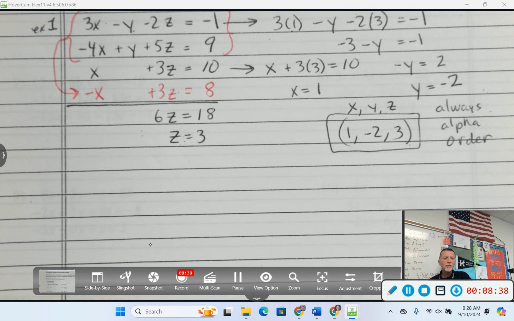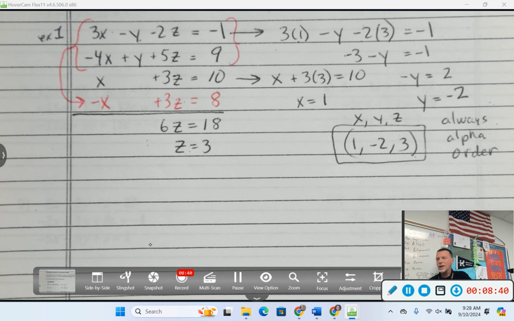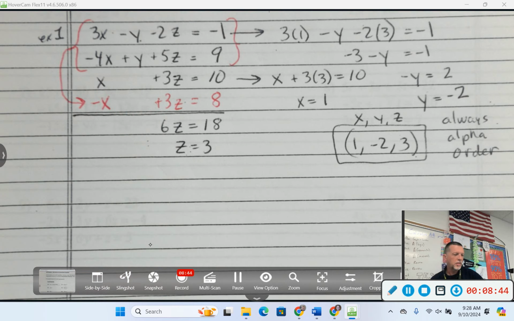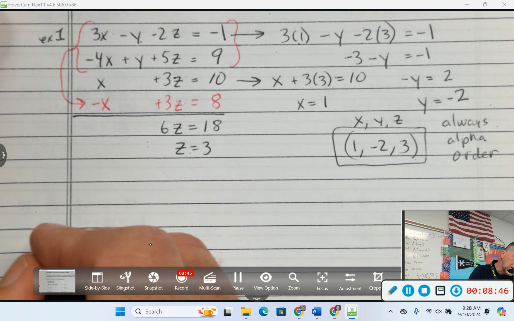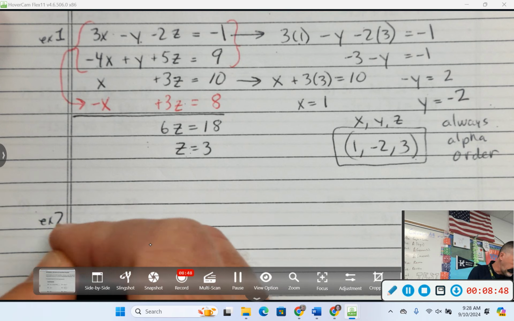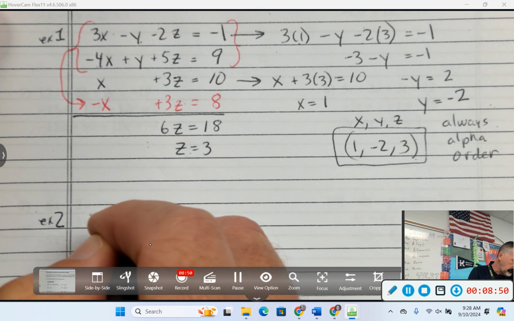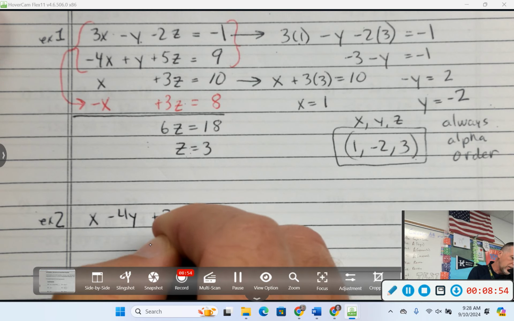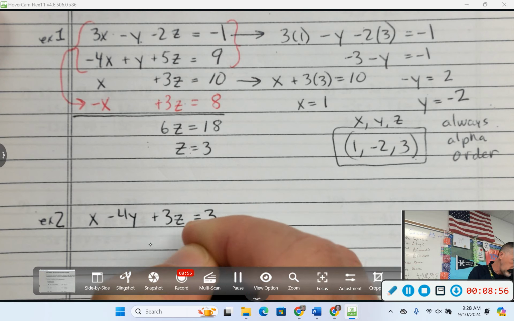All right, I felt like that one was pretty easy. That one was sort of rigged to work out kind of nice for us because they already had one of the variables missing. Let's do another one. It's not quite as easy. X minus 4y plus 3z equals 3.